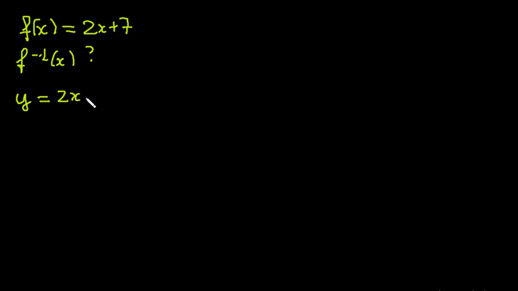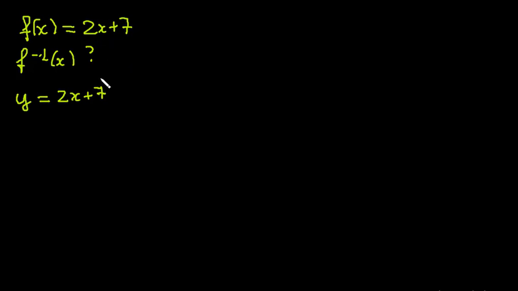And now we're going to learn how to find the algebraic form of the inverse function of a function. So first of all, I have a function f(x) equals 2x plus 7, and I want to find the inverse function of this one. We have y equals 2x plus 7, and the function itself is f(x) equals 2x plus 7.